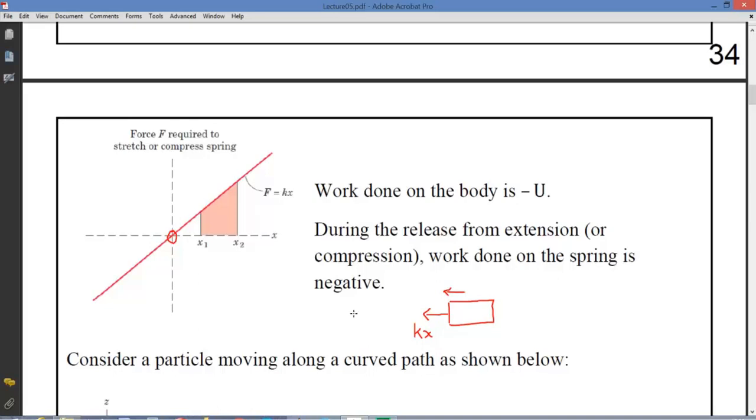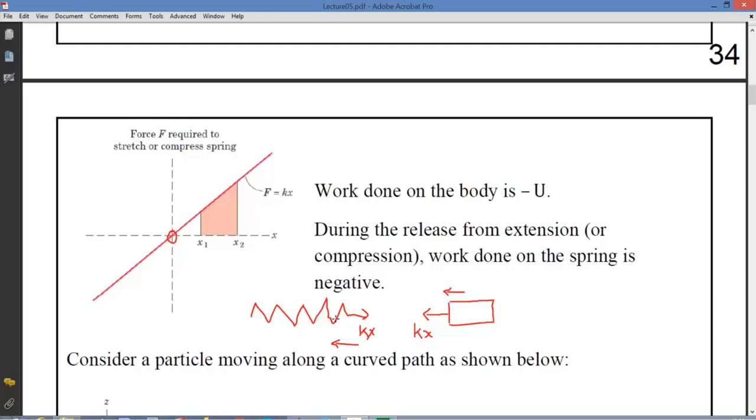However, during the release of this extended spring, the force on the spring is in this direction, so this is kx. However, now the motion happens in the opposite direction.